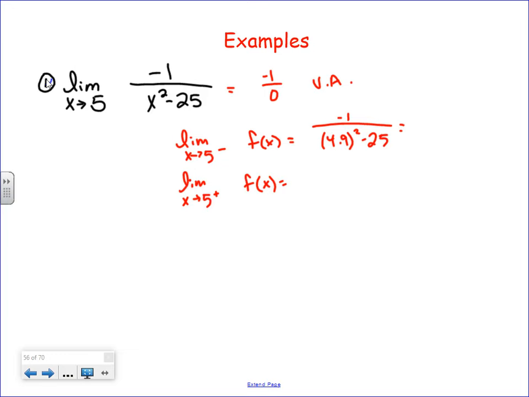What's my sign? Negative over a negative. Uh-oh, that's going to be a positive. And then I'm going to have 5.1. Hold on. It's going to be bigger, right? So I'm going to have a negative over a positive, which is going to be a negative. What's my limit?